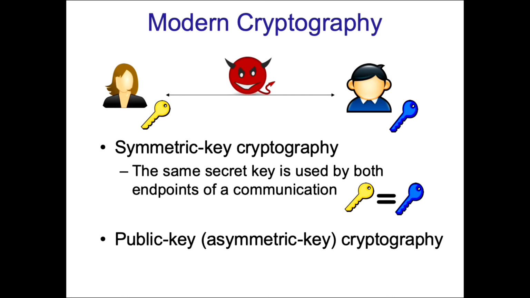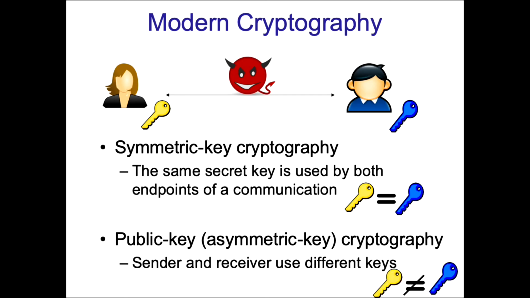So symmetric key cryptography says that the key is the same. In public key cryptography, there are going to be different keys. And so the sender, Alice, has a key, and the receiver, Bob, has a different key. And this will really help us in scenarios such as you go to a web server and you don't know what that web server's key is. Okay, so that really helps us there.